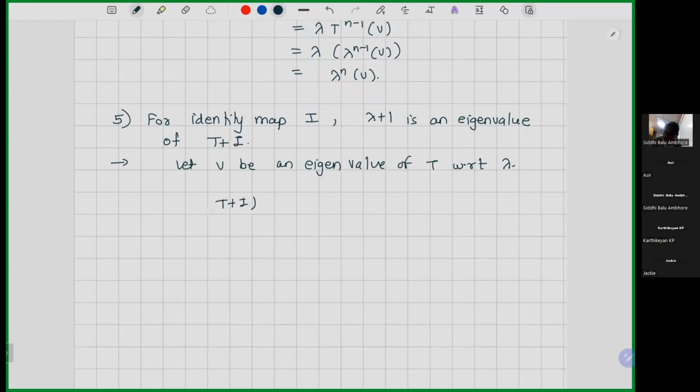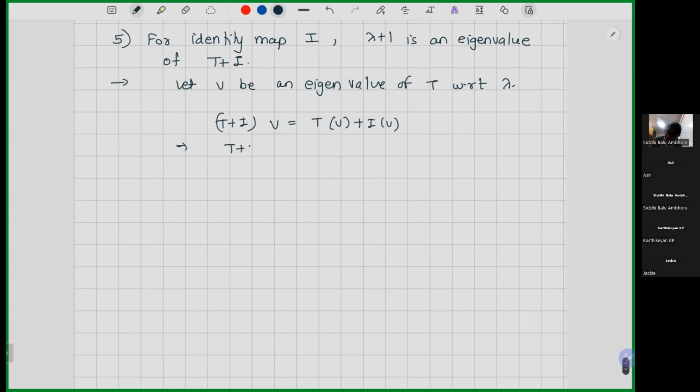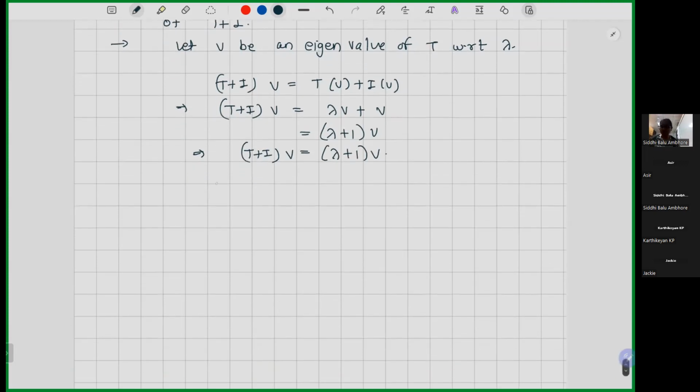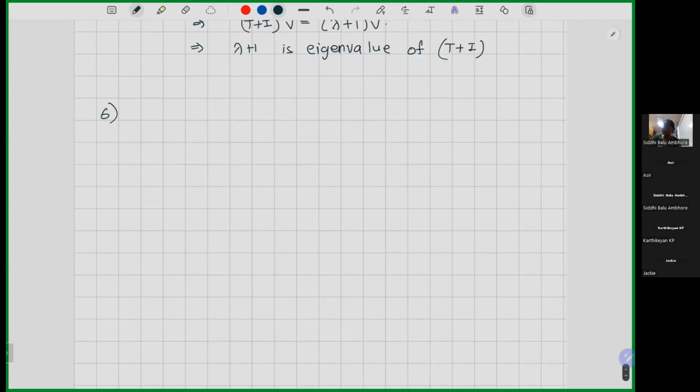Then (T + I)(v) is T(v) + I(v). T(v) is λv and I(v) is just v, so what I got is (T + I)(v) = (λ + 1)v. This implies that λ + 1 is an eigenvalue of T + I.